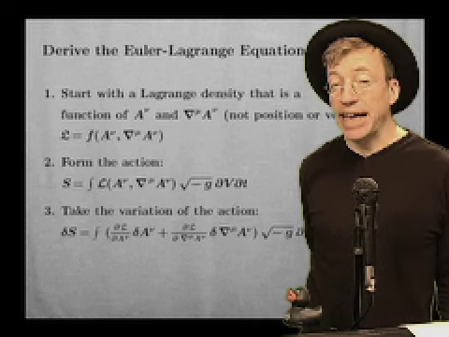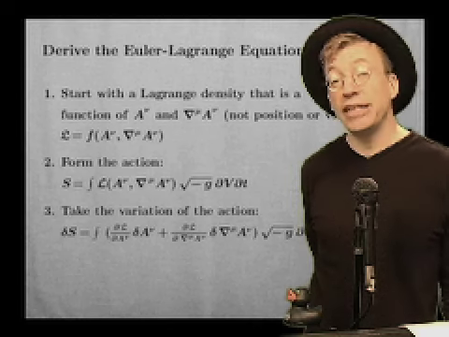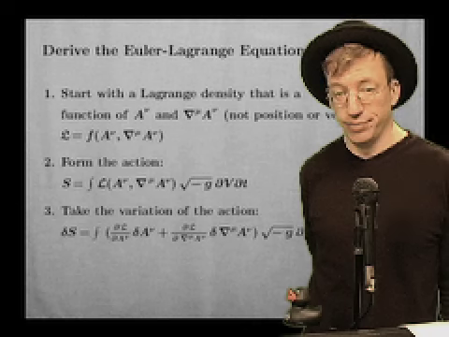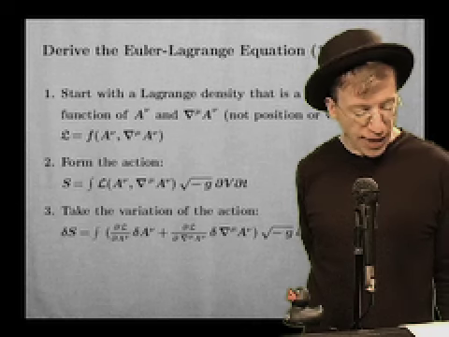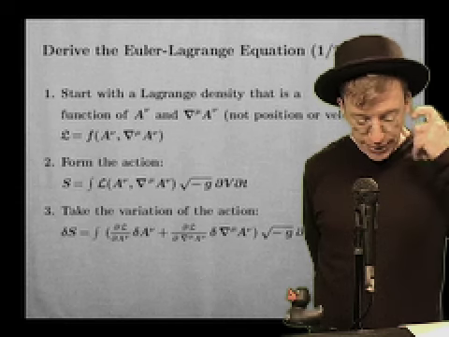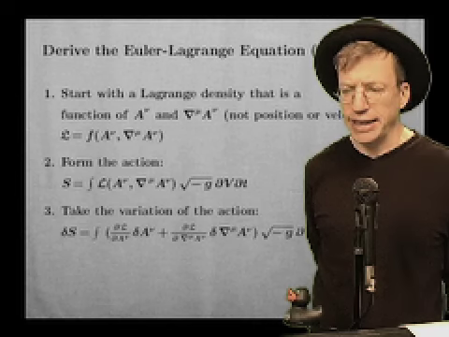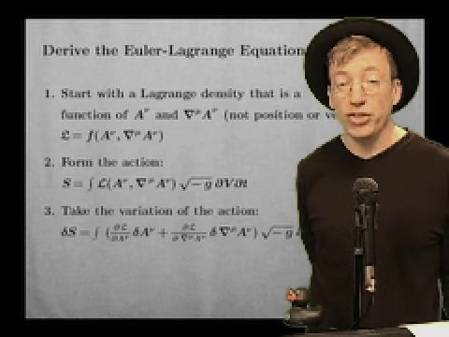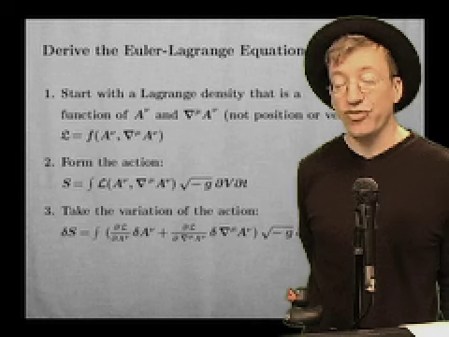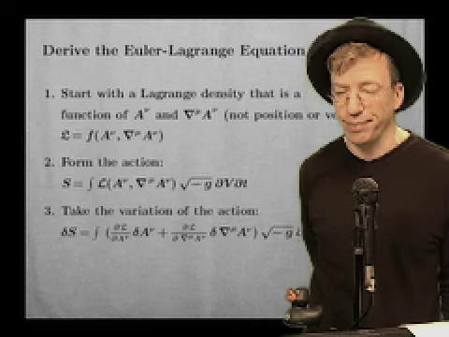We are going to vary this action with respect to the potential and to the changes in the potential. And that's very good. And so let's write that all out. And actually, I should say this. We're going to do that and hope to find something where that variation actually equals 0. That's the couch potato principle.